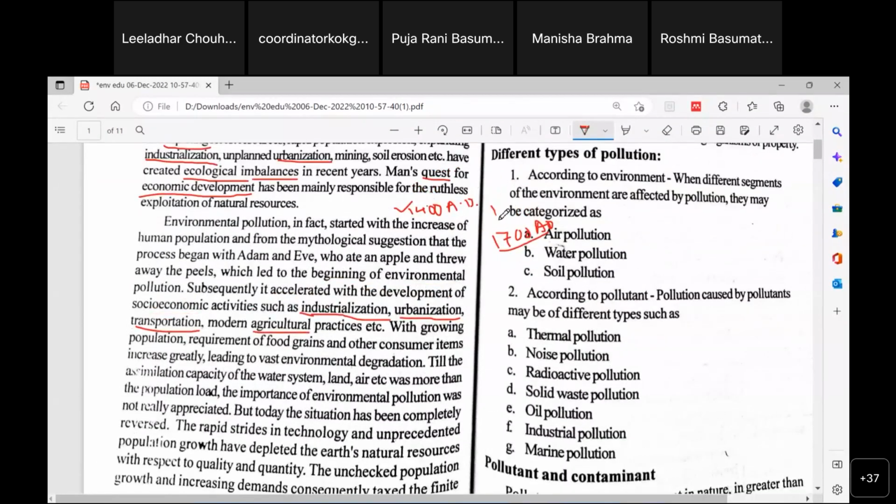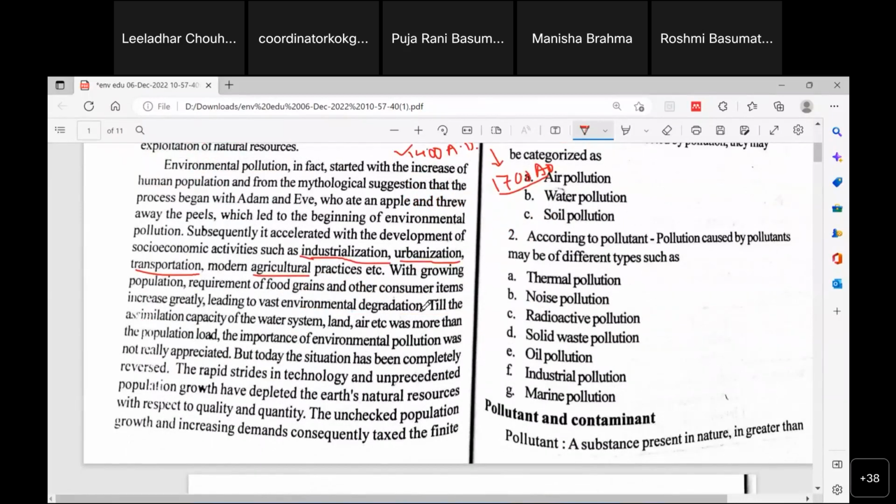It all started in the last 200 years, and now it is continuing with rapid progress.